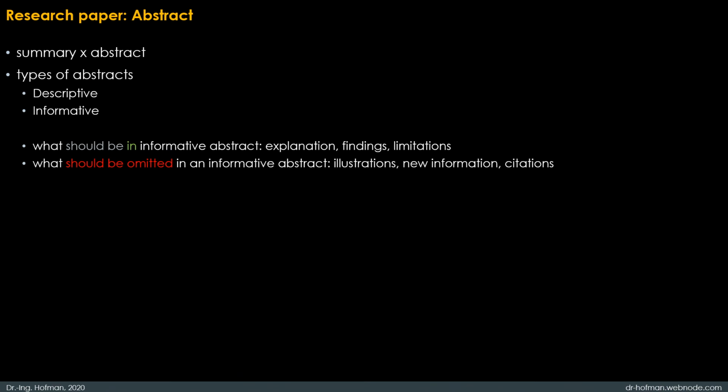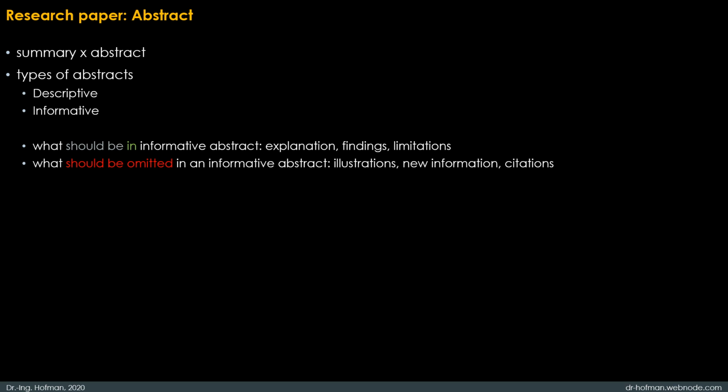Research paper abstract. Now let's speak about those parts of research paper which differ from a scientific article or essay. Abstracts are called summaries by some journals, though strictly speaking the terms are not exactly the same.